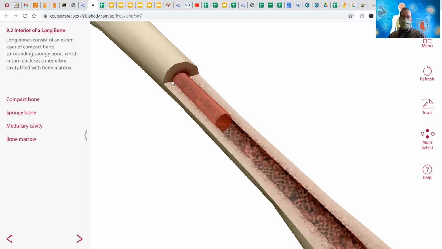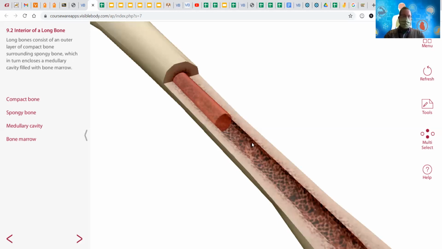And you can imagine just by the name that we have some densely arranged, compacted cells. Okay, so compact bone makes up the outermost layers of really any bone.